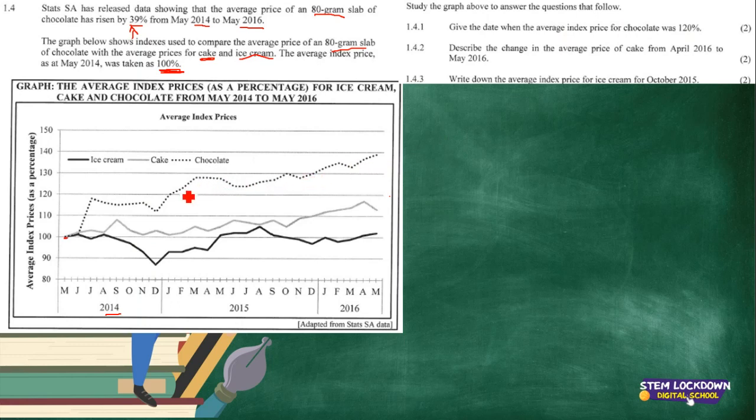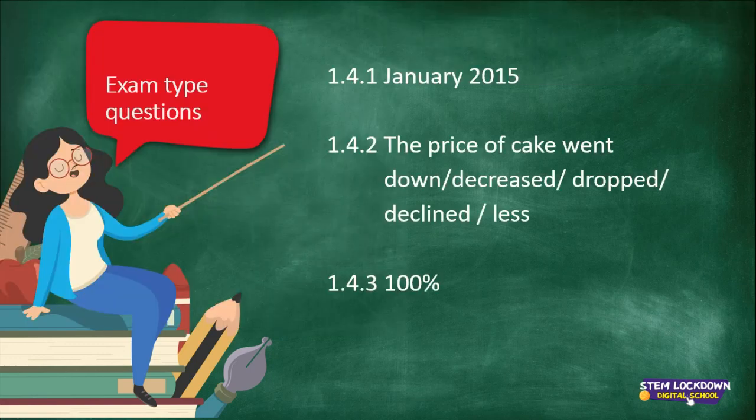We're looking at 120%. There's 120. Obviously, date is on your horizontal axis. It was January 2016. That is your answer.